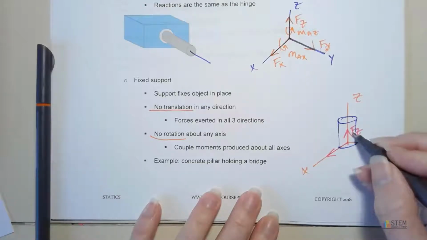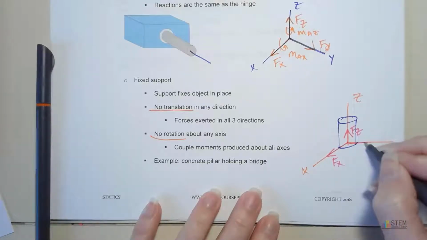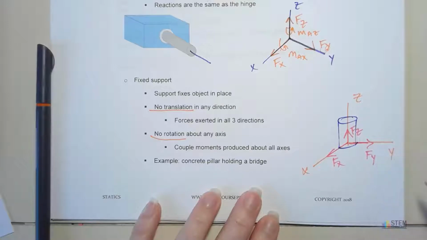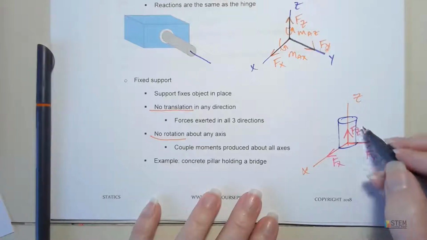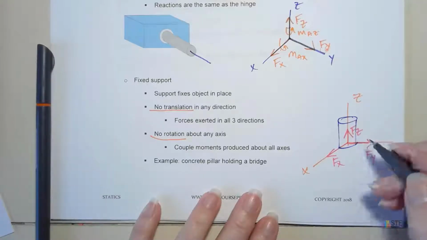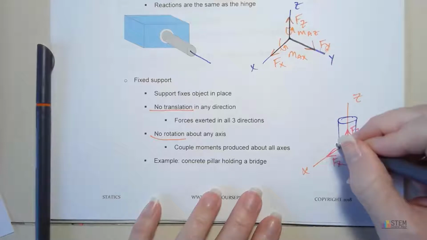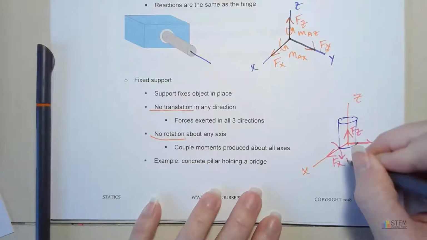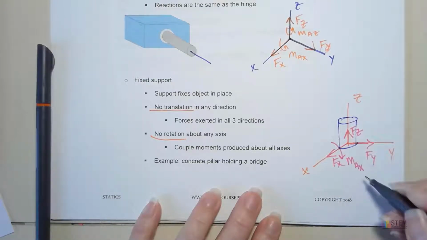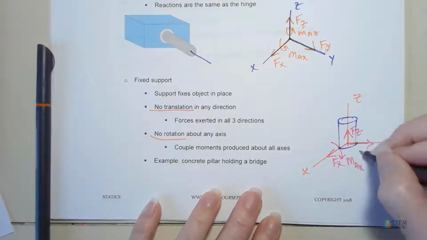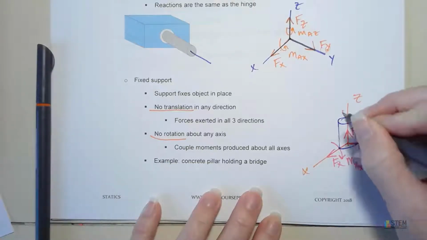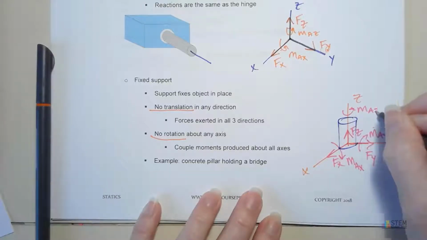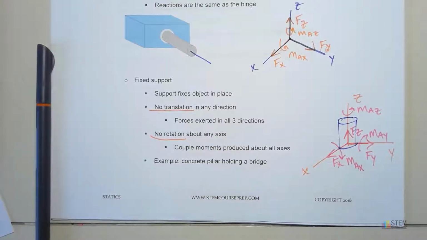So we've had our Fz, our Fx, and the Fy. And now we don't want any rotation either. So the support has to counteract any sort of rotation that's produced by the pillar. All right, so we're going to have a moment here about the x-axis. We'll have one about the y-axis, and then put it up here. We've got one about the z-axis.